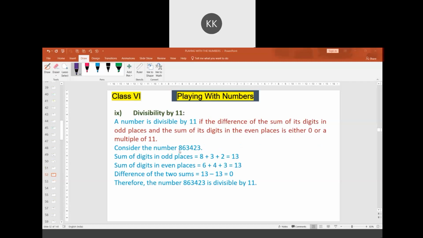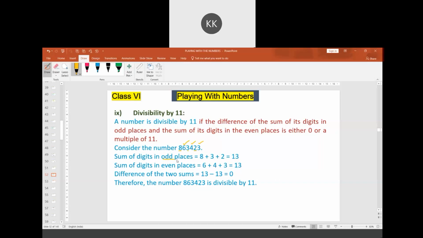If the given number is 863423, the numbers at the second place, fourth place, and sixth place are the even places, and these underlined ones are odd places.